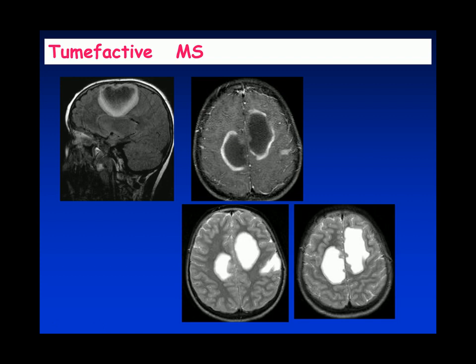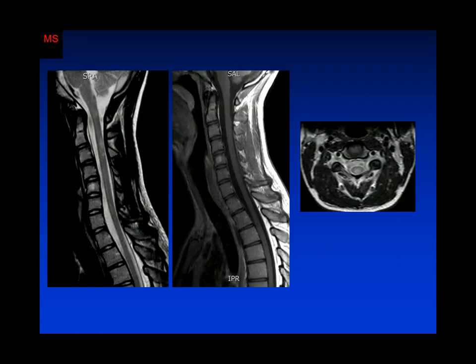Again, you use the spinal cord. This is the clue to differentiate from other lesions. And you see that there are lesions in the spinal cord. You see these lesions that are not very extensive. They are extending in less than 2 vertebral bodies.